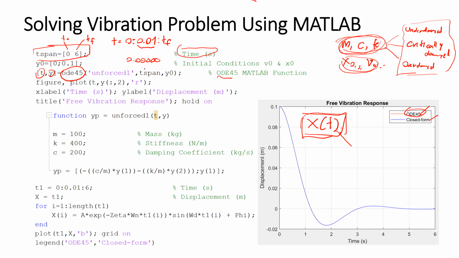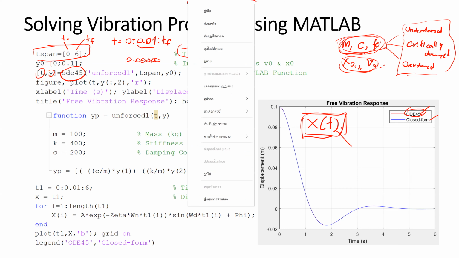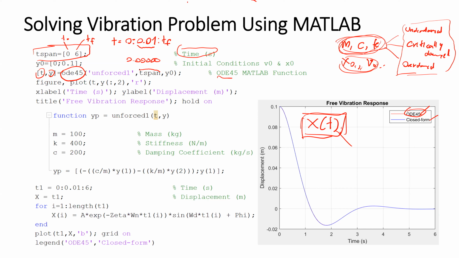And the input to the function is the variable tspan and the initial condition. The initial condition here consists of the velocity at time 0 and the position at time 0, in the order v and x. In the next slide, I will explain why v comes before x0.